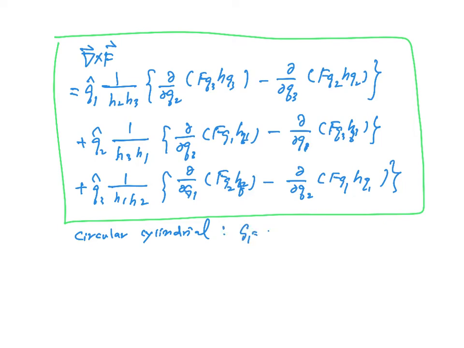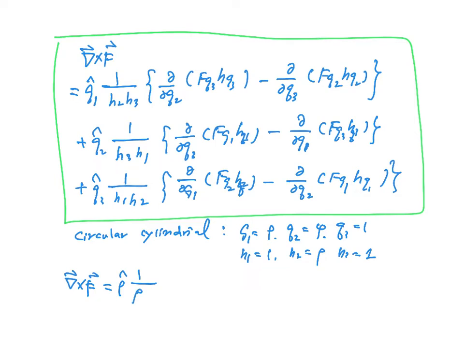Q1 is rho, Q2 is phi, Q3 was z, H1 was 1, H2 was rho, H3 was 1, right? So curl F is rho direction, 1, 2, 3, right? So 1 over 2, 3. 2 is rho, and 3 is 1.